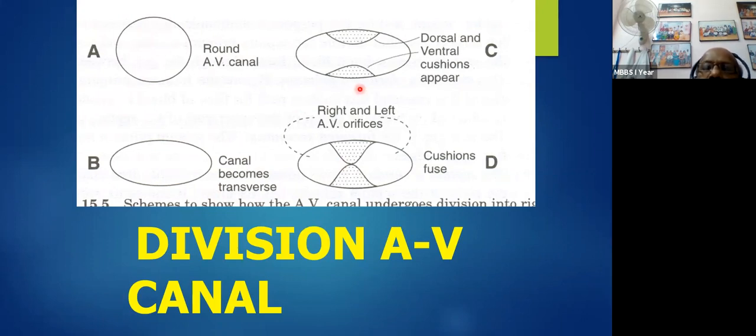In the atrioventricular canal, you will have formation of two cushions, dorsal and ventral, or otherwise we used to say septum. This is another septum, called septum intermedium. The septum formed in the atrioventricular canal is called septum intermedium, or otherwise AV cushion, that is the atrioventricular cushion or septum intermedium.